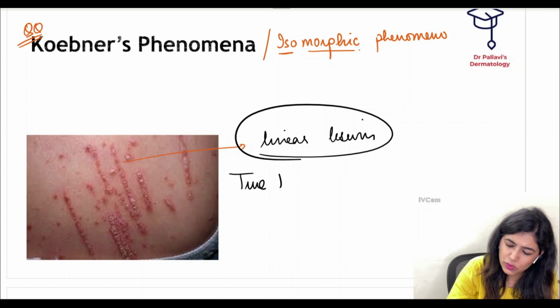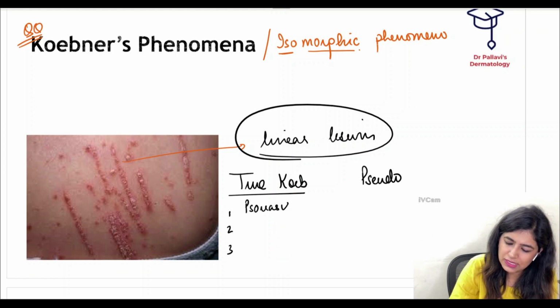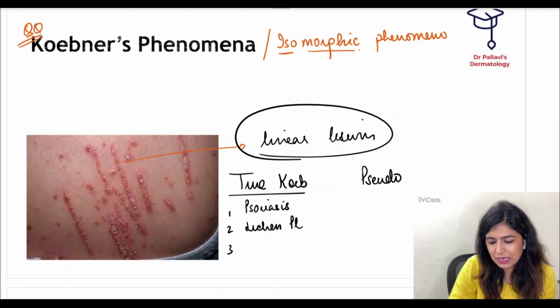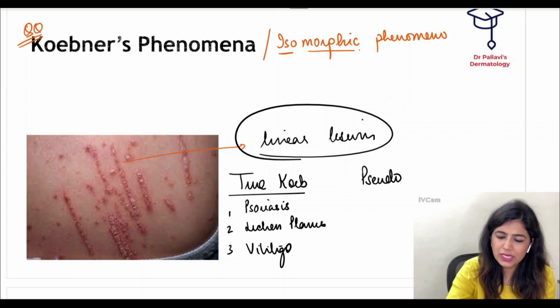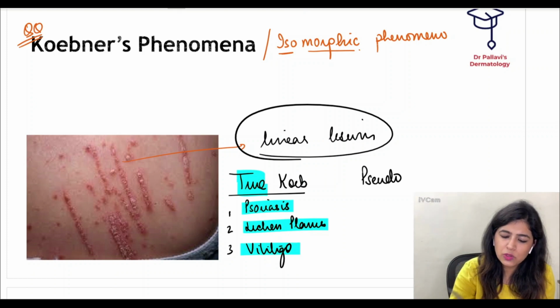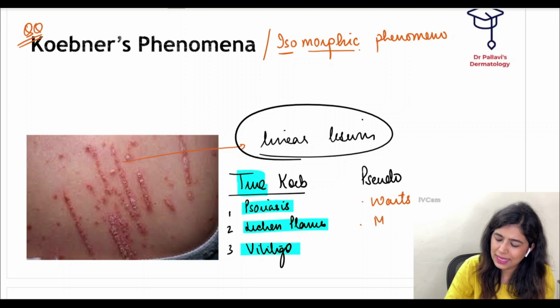It's of two types, true Koebner and the pseudo Koebner. True Koebner is seen in 3 disorders. First, we've just studied psoriasis. Then we have lichen planus and we have vitiligo. So 3 disorders where you see true Koebner: psoriasis, lichen planus and vitiligo. What about pseudo Koebner? Seen in 2 viral diseases, that are warts and molluscum contagiosum.